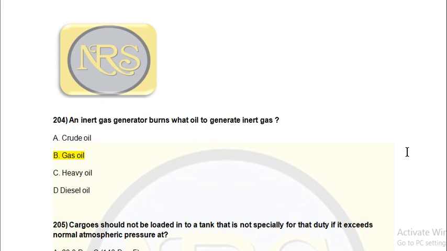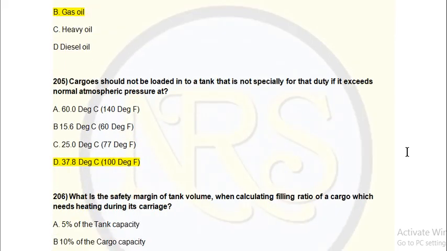A hydrocarbon oil used as a fuel oil, especially a petroleum distillate intermediate in boiling range and viscosity between kerosene and lubricating oil. From kerosene to lubricating oil, whichever hydrocarbon oils fall in between are called gas oil. So diesel oil, heavy oil, all come under gas oil. So for question number 204, the correct answer is option B, gas oil.